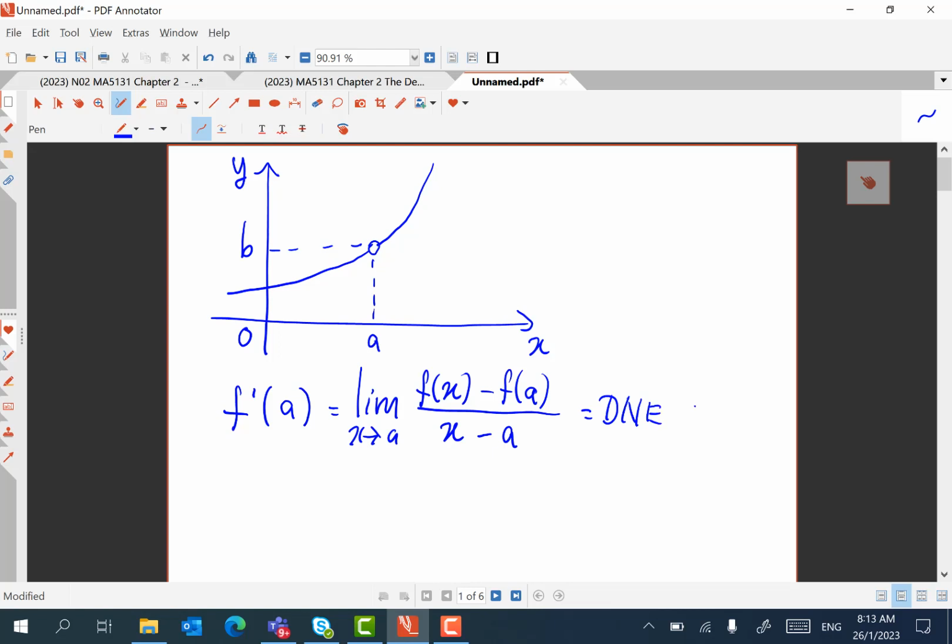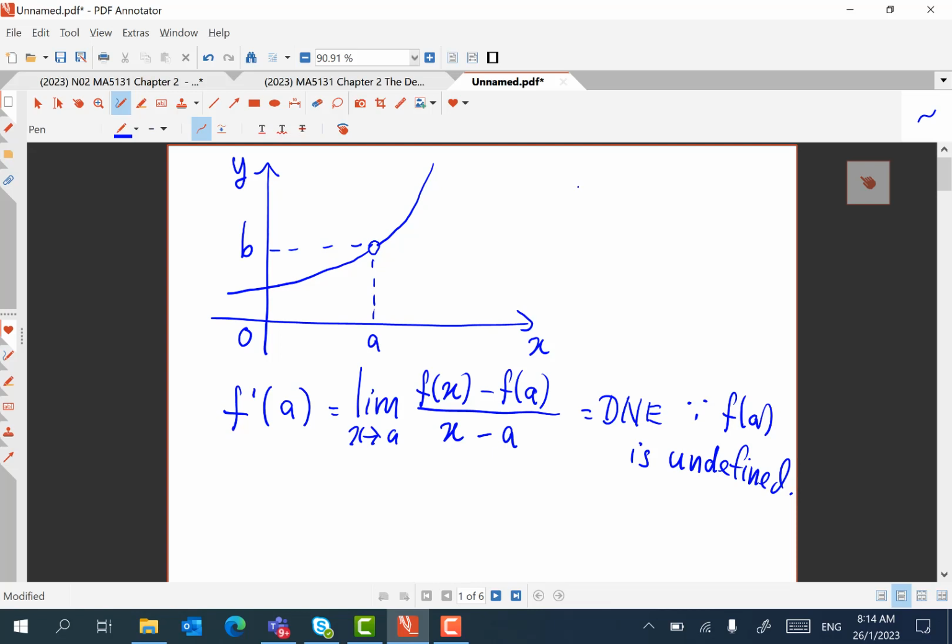So this example is a good attempt. But you can do the limit, but f of a is not defined. How do you define that?